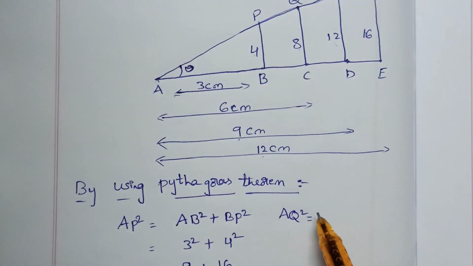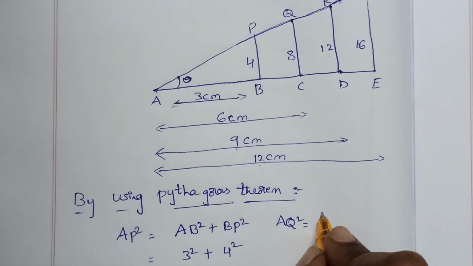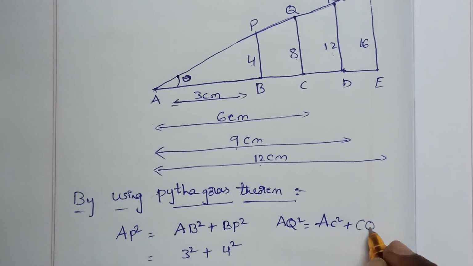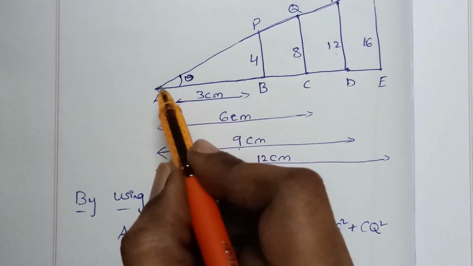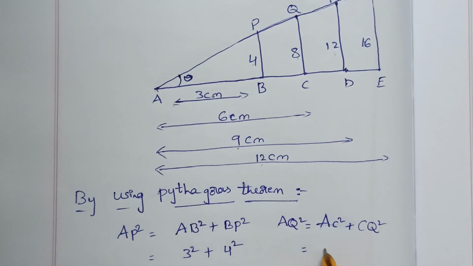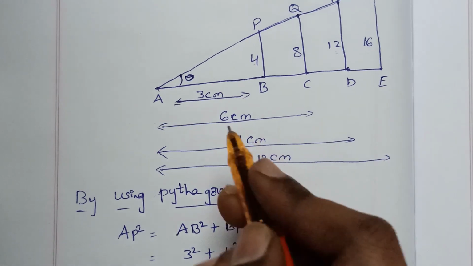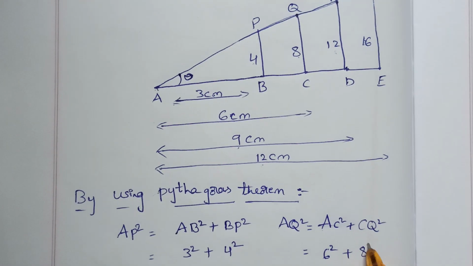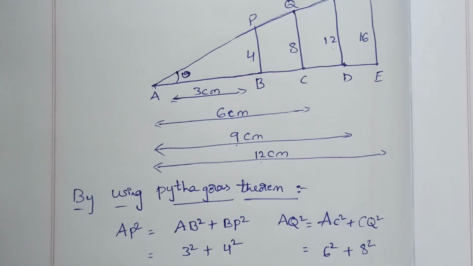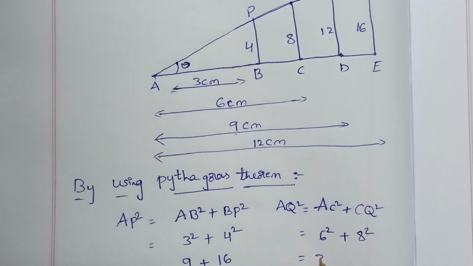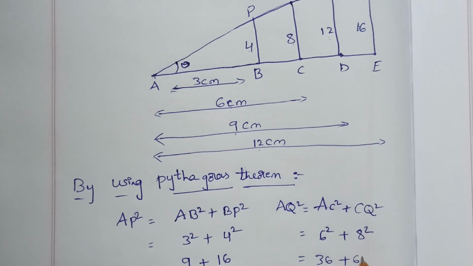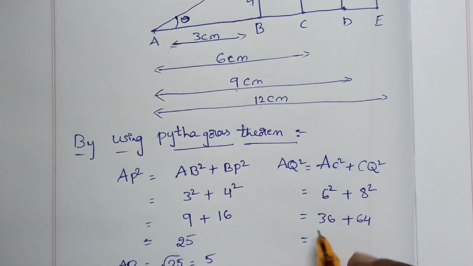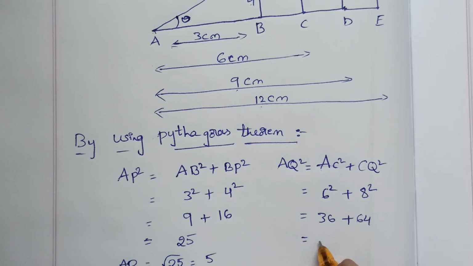AQ square equal to, by using Pythagoras theorem, AC square plus CQ square, that is equal to AC square is 6 centimeters, 6 square plus CQ square is 8 centimeters, 8 square, 36 plus 64, that is equal to 100.